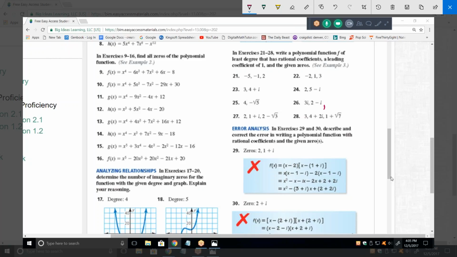26. Give me all the zeros. So the other one is 2 plus I. Still one more. Ooh, negative 3I. Now give me x plus 3I.